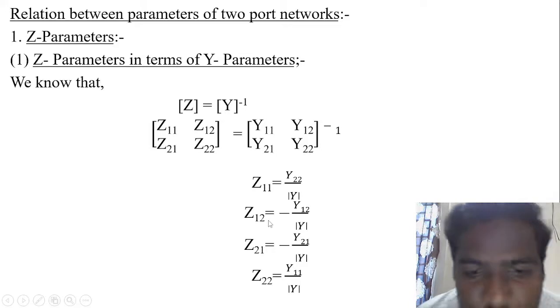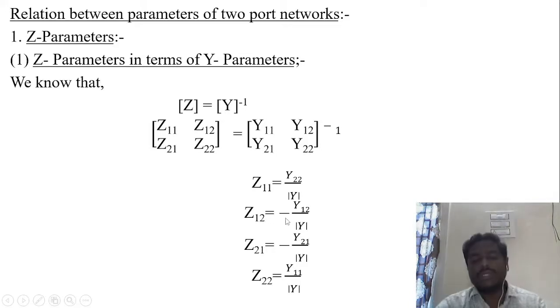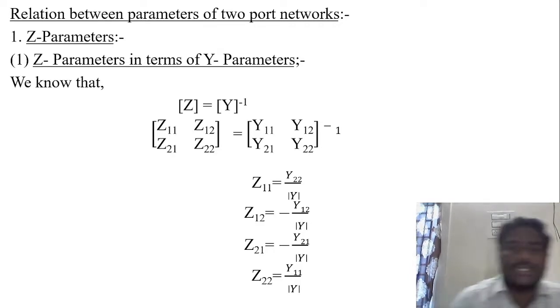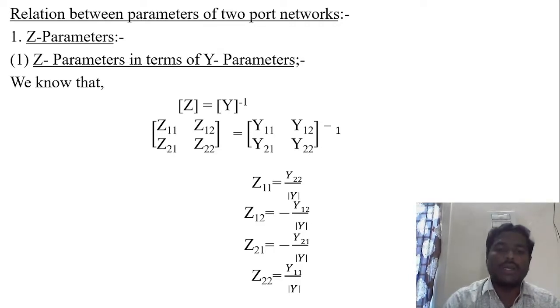Similarly, Z12 takes the negative sign, so Z12 is equal to minus Y12 by the modulus of the Y matrix. Then Z21 is equal to minus Y21 by the modulus of Y, and Z22 is equal to Y11 by the modulus of Y. So we can get the impedance parameters Z11, Z12, Z21 and Z22 by using the matrix Cramer rule.